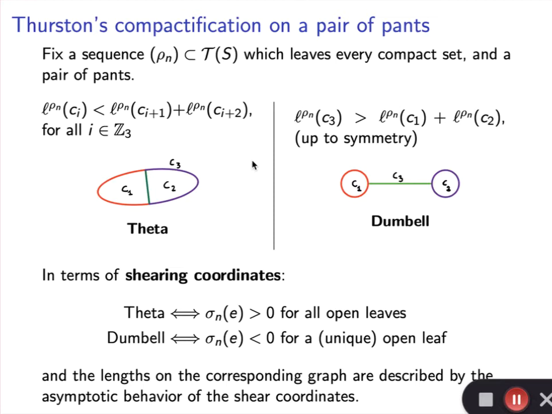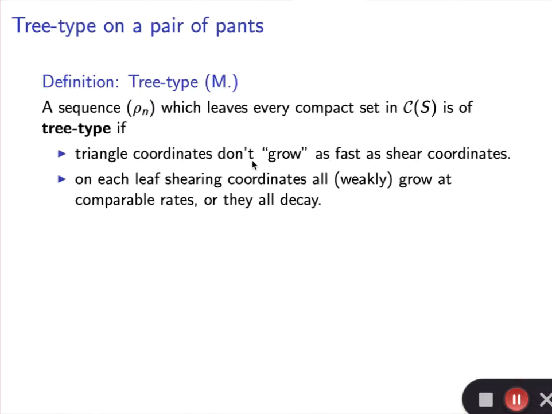So this is a very explicit description in terms of the shear coordinates, thus it pushes through to the space of convex projective structures. So this description motivates a new definition we make, which is a sequence of tree type in the space of convex projective structures. So we saw that for convex projective structures, we have these new parameters, which are these triangle parameters, which in some sense are a main dissimilarity from the case of Teichmüller space.